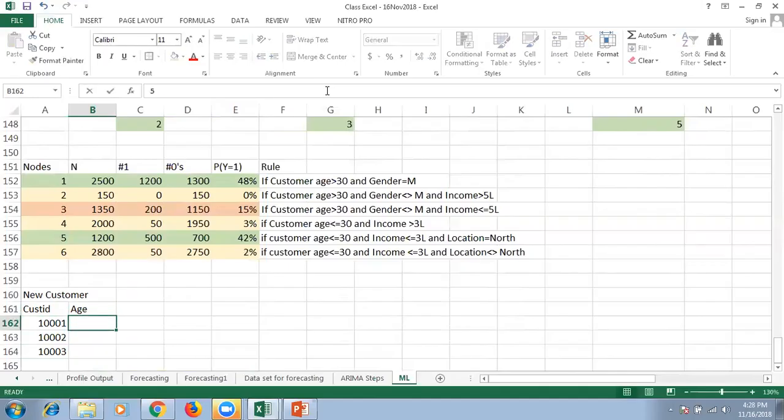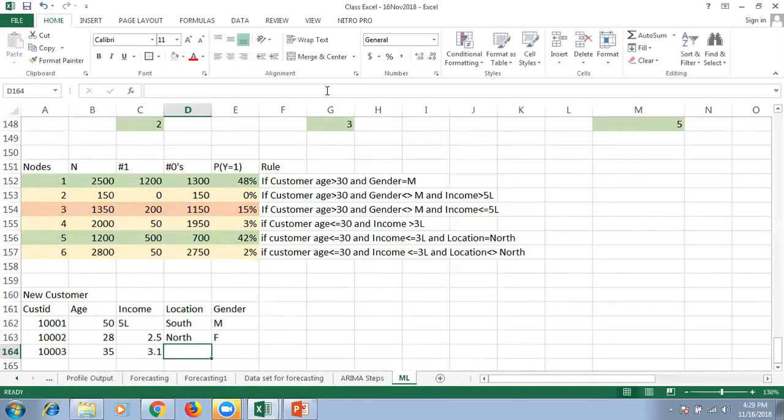Age is 50 and income is 5 lakhs and location is south and gender is male. Age is 28 and income 2.5 lakhs and north and female. And 35, and 3 lakhs or maybe 3.1 lakhs, and north and male.